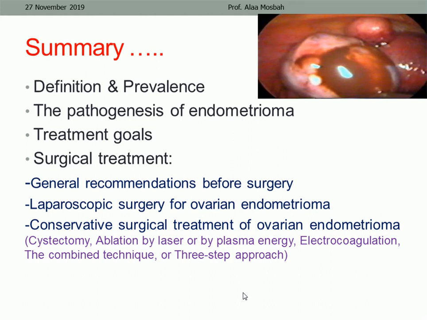And we said bipolar is safer, or the combined technique, or the three-step approach. We mentioned all of this. And lastly, we said oophorectomy could be a last choice in recurrent endometrioma, badly damaged ovary, large ovarian endometrioma, or suspicion of malignancy.